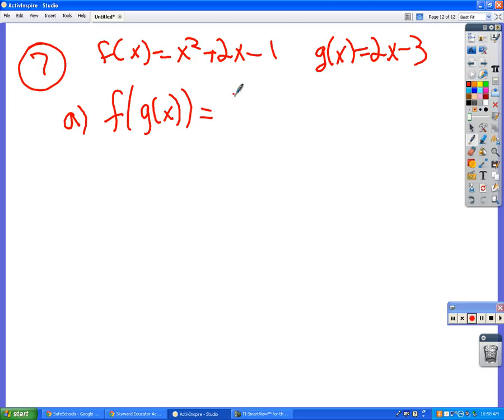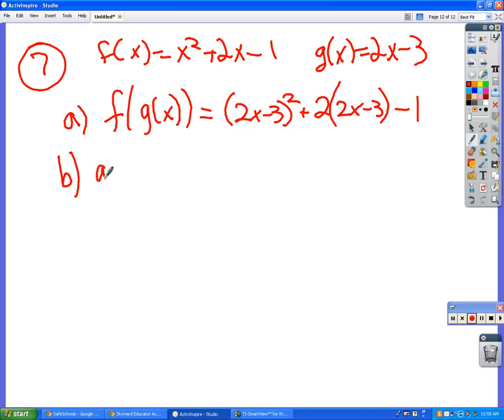So x squared becomes 2x minus 3 squared, plus 2x becomes plus 2 times 2x minus 3, and then minus 1. Okay? Did they give you the answers in full simplified form, or is it just like that? They FOILed it? Okay, so you can FOIL that if you want. I'm sure you can all do that. Okay, so b is the other way around. g of f of x.